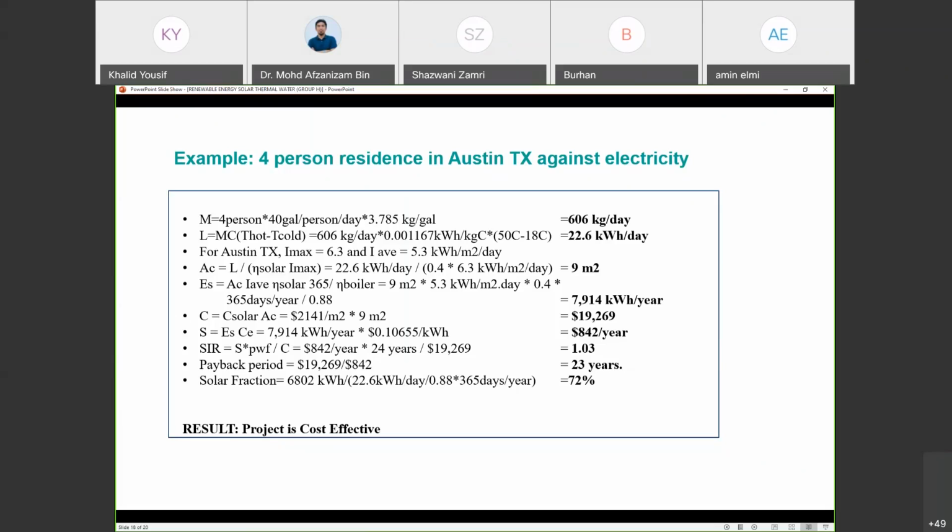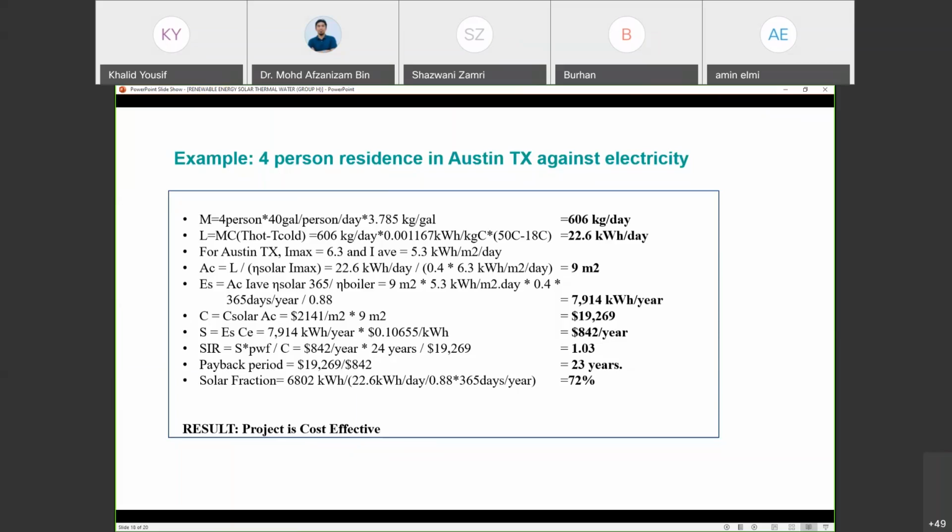The next is solar system cost, which is about 19,269 in current dollars. The next is annual cost saving, around $842 per year.